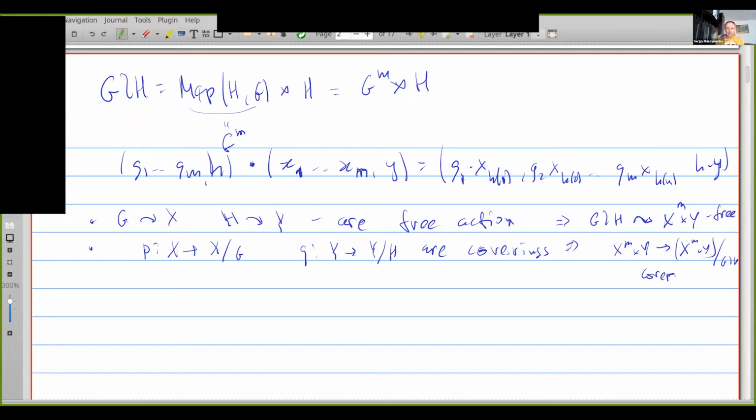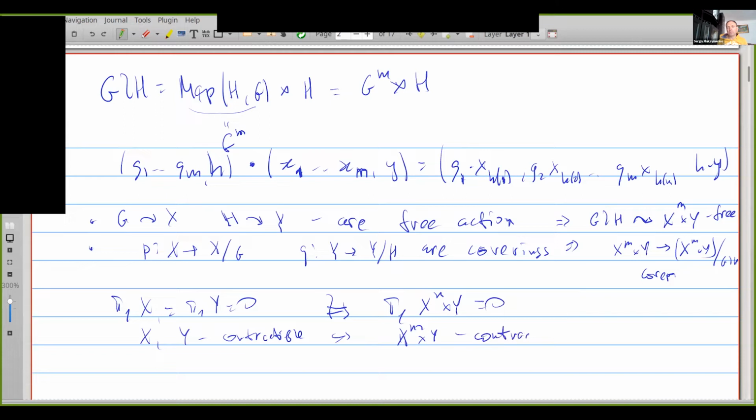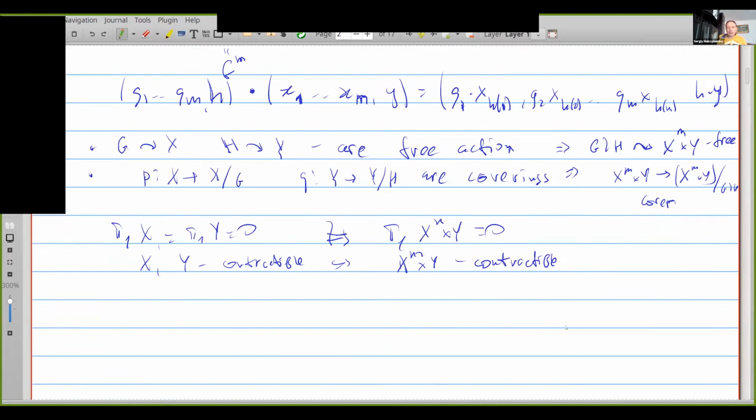This kind of action is very important in homotopy theory. Why is it important? For example, if pi1 of X and pi1 of Y are 0, or even these spaces are contractible, then each of them implies that pi1 of X times Y is also 0, or that it is also contractible. What does it mean?